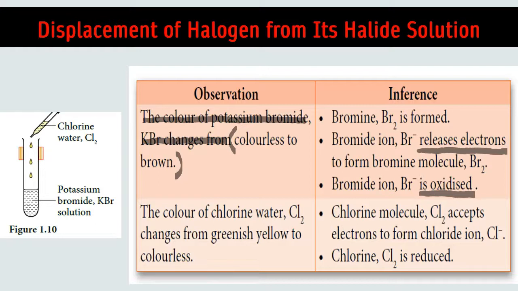But theoretically, this is the observation that we will get. Why does the greenish yellow chlorine water turn colorless? Because chlorine molecules accept electrons to form chloride ions. I've mentioned before that the color of halide ions is colorless. It is also said that the chlorine molecule is reduced.